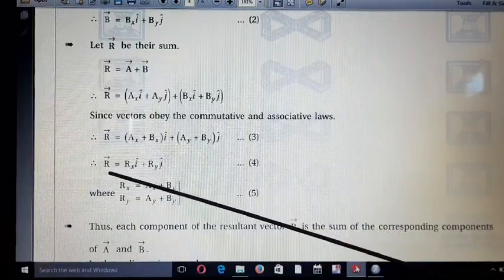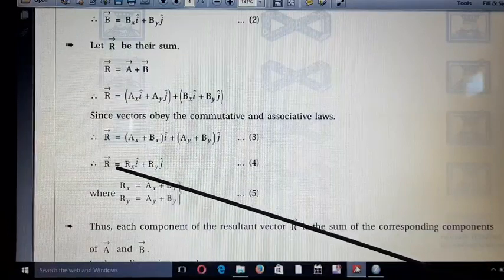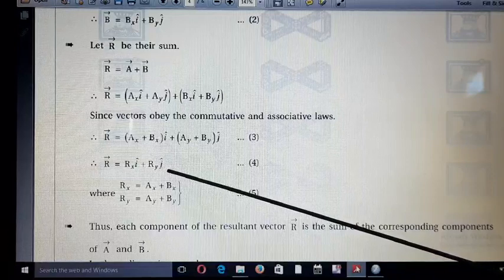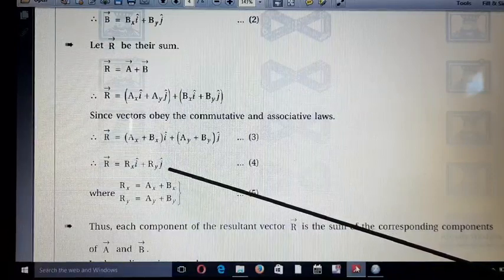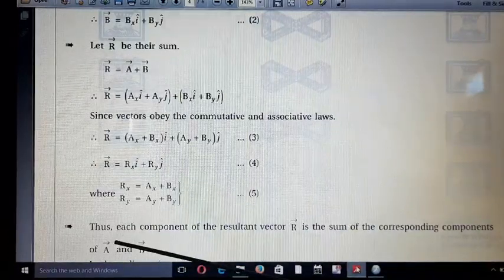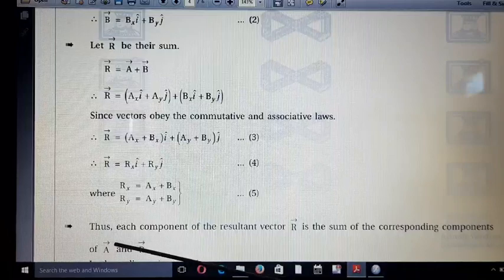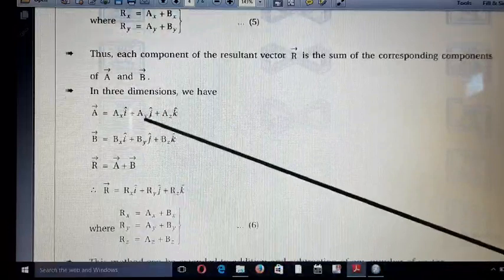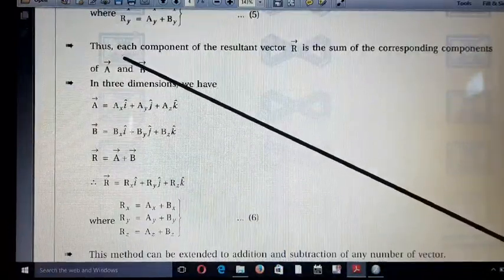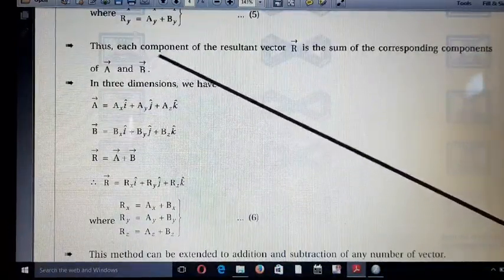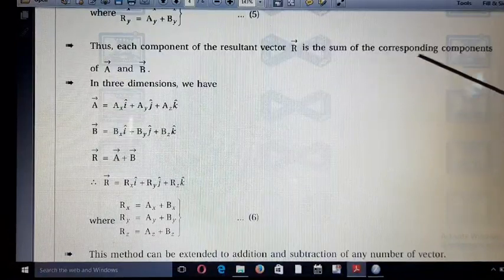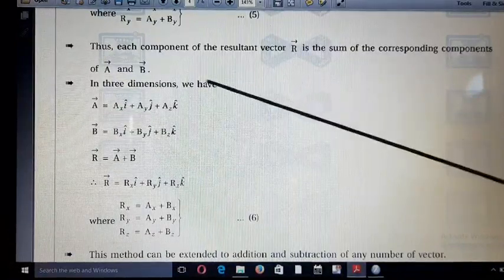So we get equation number 4, vector r is equal to rx i caret plus ry j caret. Thus, each component of the resultant vector r is the sum of the corresponding components of vector a and vector b.